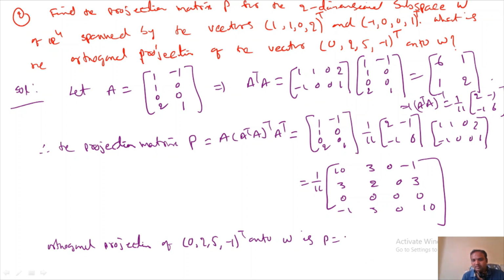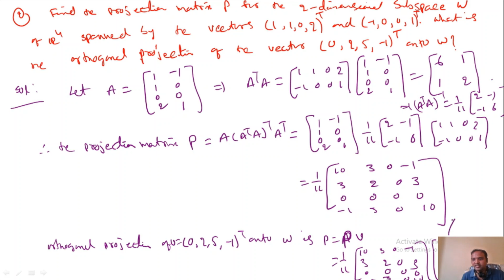Small p equal to capital P into vector. Suppose we take this as a vector V, capital P into V. Multiply 1 by 11 into the matrix 10 3 0 -1, 3 2 0 3, 0 0 0 0, -1 3 0 10 with the vector 0 2 5 -1.